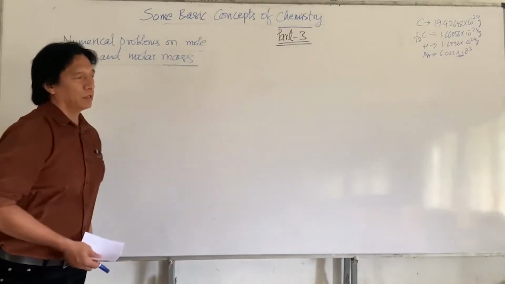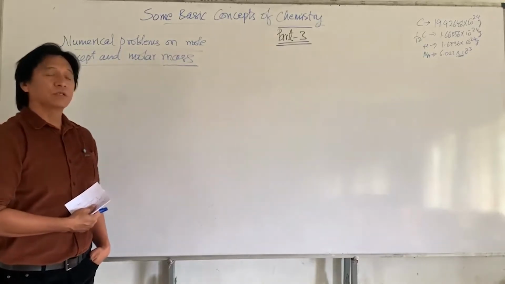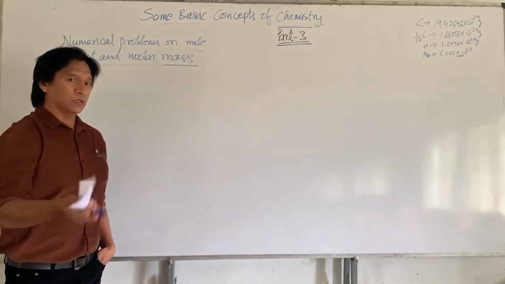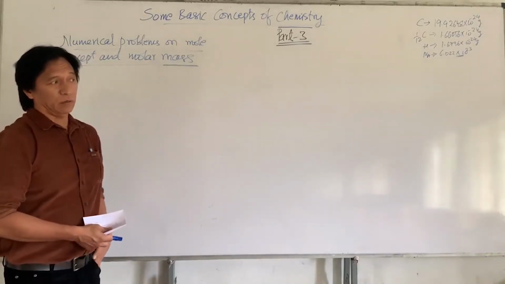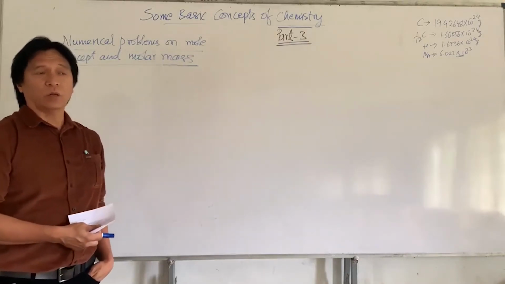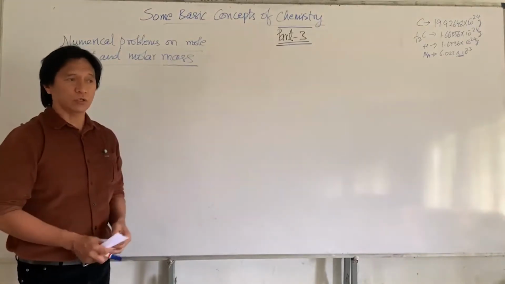And after that, we're going to take up percentage composition of a compound. So students, at the end of this part 3, you'll be able to understand, explain, and then work out problems on percentage composition of a compound.